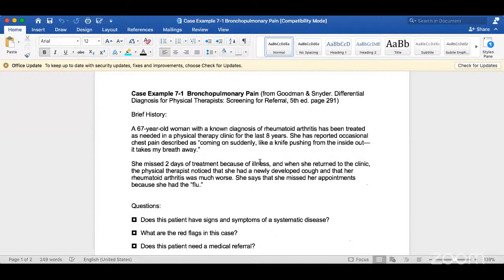Good evening, sir. Yes, good evening. Yes, sir. Well done, sir. The red flag there, yes, we can say chest pain. Okay. Breathlessness too. Okay. And also this rheumatoid arthritis, since it usually affects multiple organs, so we can actually refer the patient.